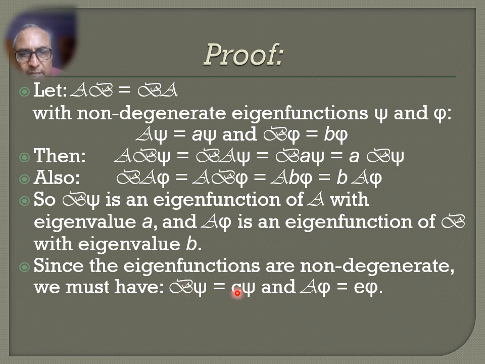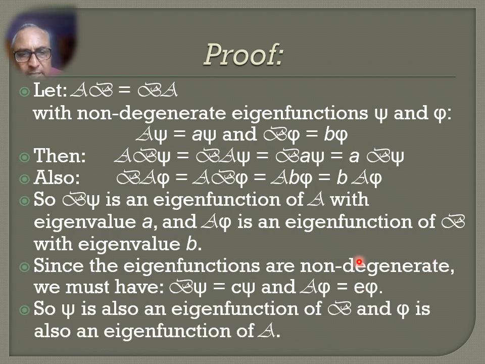That means B psi is equal to some number c times psi, and A phi has to be the same as phi or some multiple of phi, or A phi is equal to some number e times phi. So psi is also an eigenfunction of B, and phi is also an eigenfunction of A. That means A and B have common eigenfunctions.